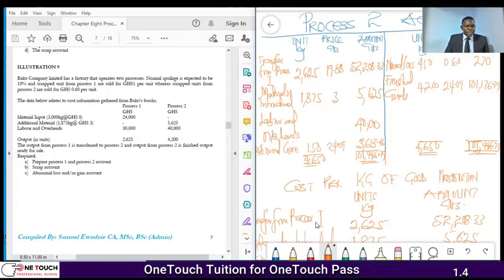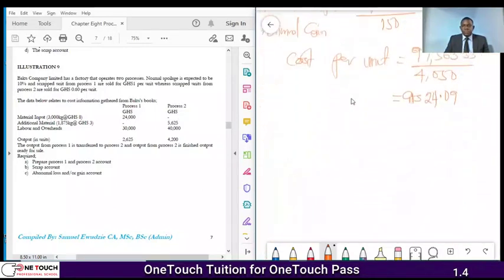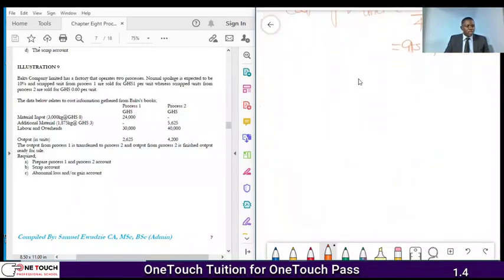So now we have to open our scrap account, then abnormal loss and abnormal gain account. Good. So let's quickly look at them. Let's look at our scrap account, slash normal loss account.